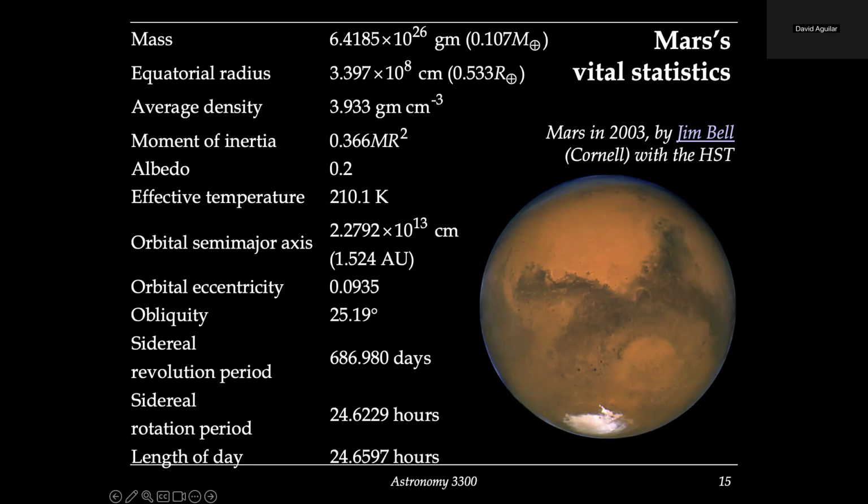Okay, average density. Yeah, but what do we call that? What is this? What do we compare this to? Rock, kind of rockish. It's not Mercury, right? Mercury was like 5. Yeah, so this is more like. Yeah. Okay. Cool. This one.